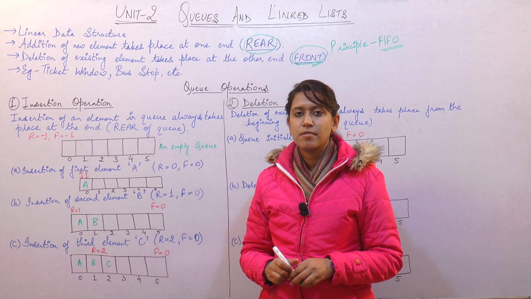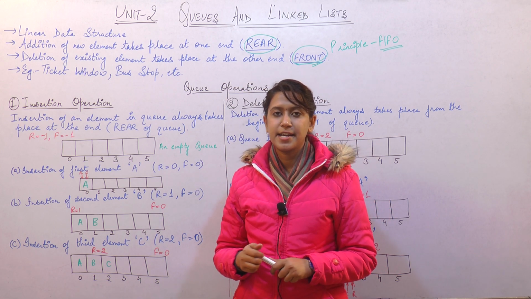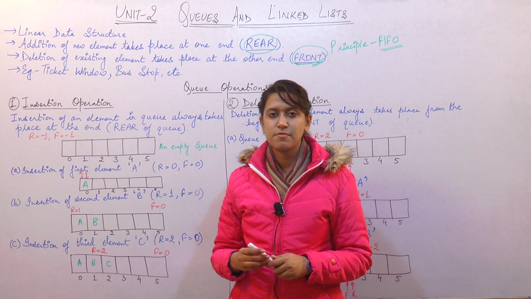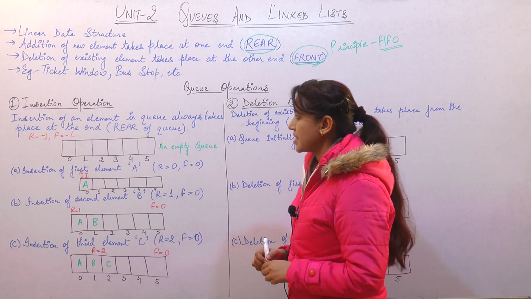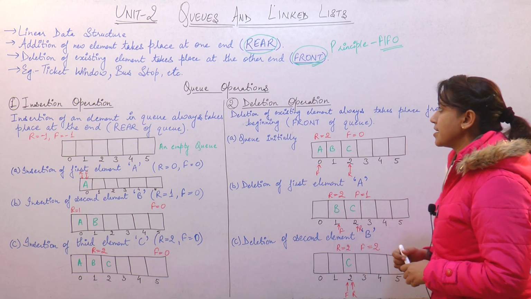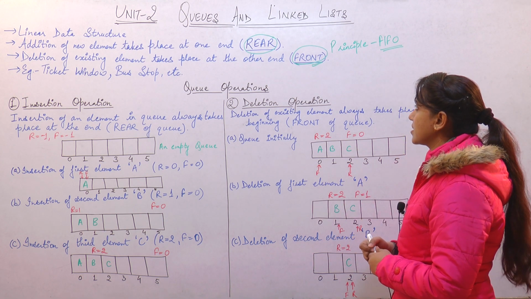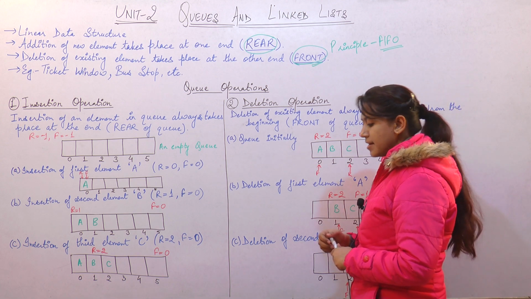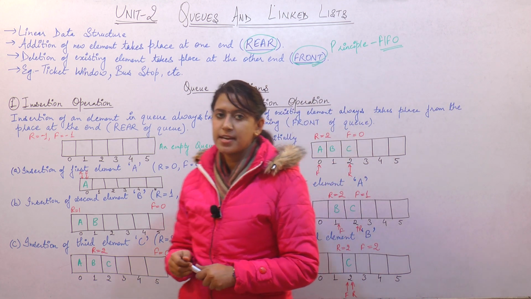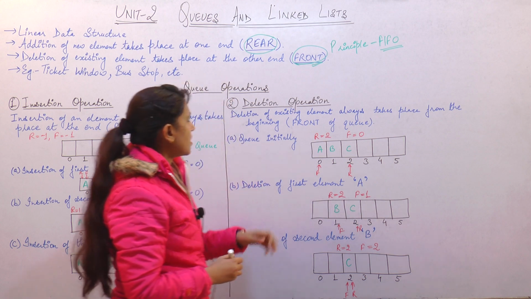That end was responsible for adding and deleting elements from the same end. But in a queue we have two ends. From one end we add elements, and that end is known as the rear of the queue, and the other end, from where we delete elements, is known as the front of the queue.